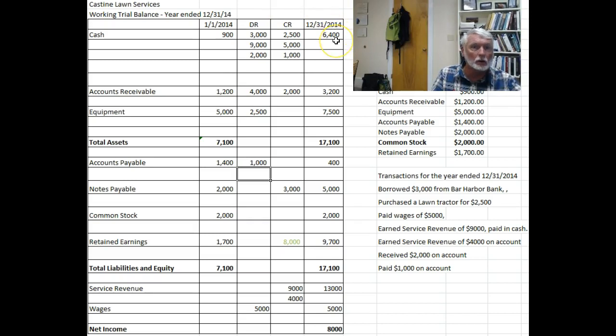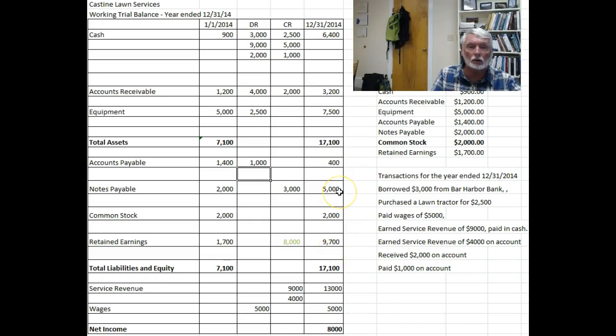I have $6,400 in cash. I have $3,200 owed to me by my customers. And I now have $7,500 in equipment. Total assets, 17,100. I owe my suppliers $400. I owe the bank $5,000. I have common stock of $2,000. And I have retained earnings of 9,700.